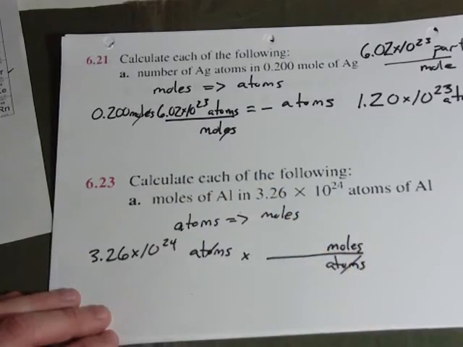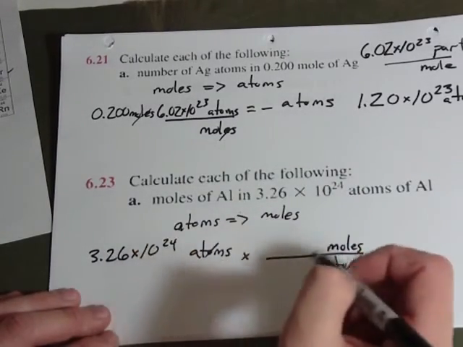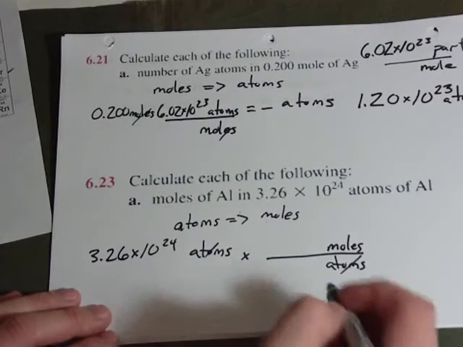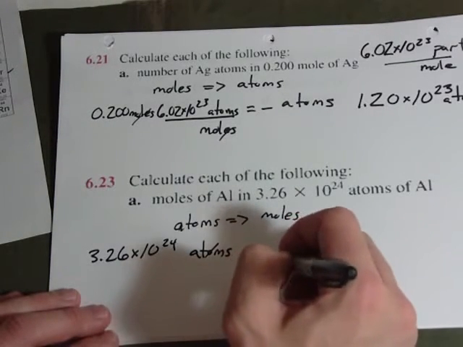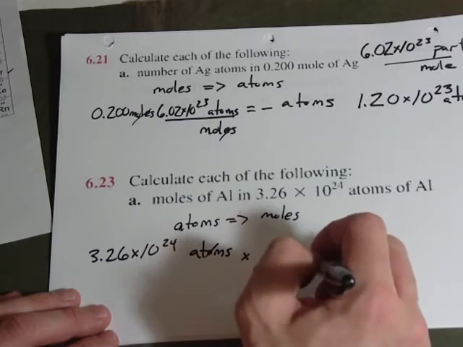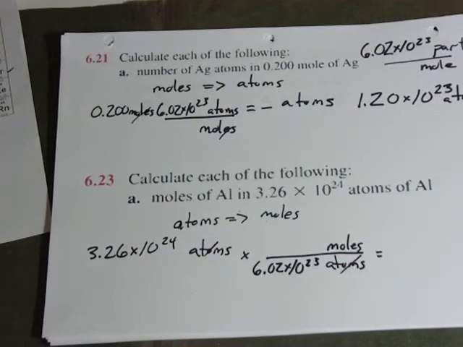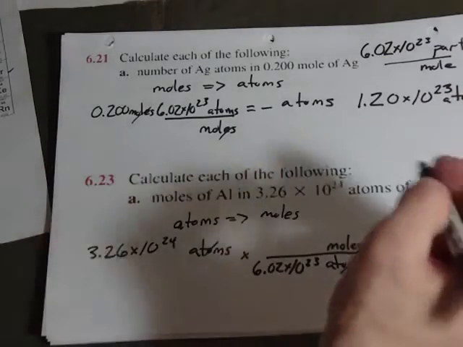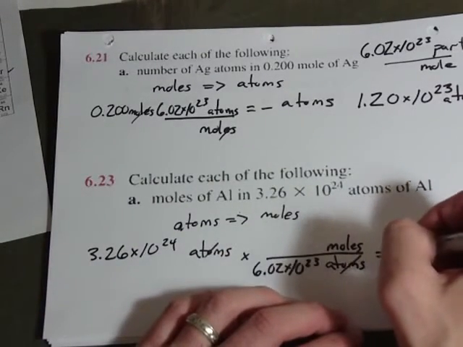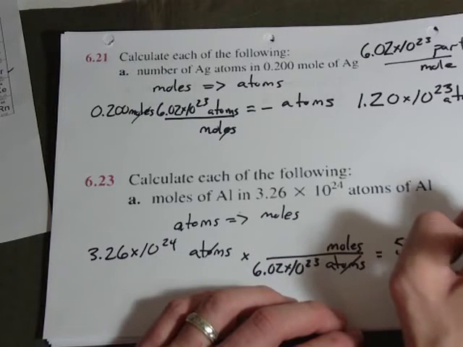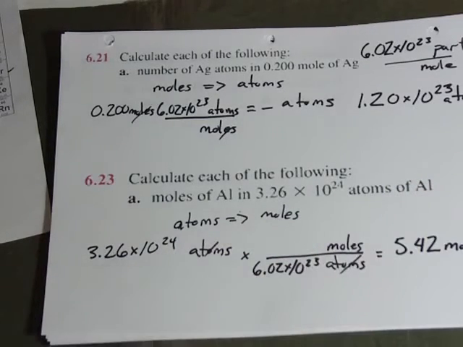And so what we're going to use is the inverse of Avogadro's number, so 6.02 times 10 to the 23rd. And so when we do that, we get an answer of, let's see, 5.42. 5.42 moles of aluminum.